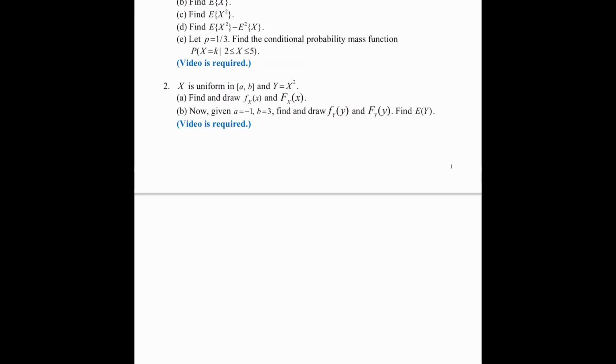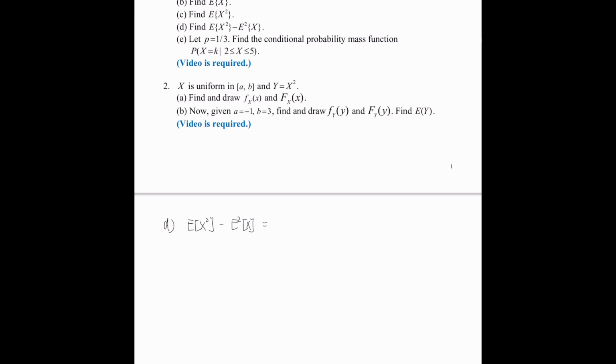Question D. Find the expectation of X squared minus the square of the expectation of X. We already got the expectation of X and the expectation of X squared.